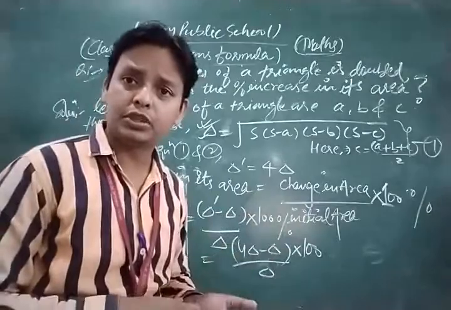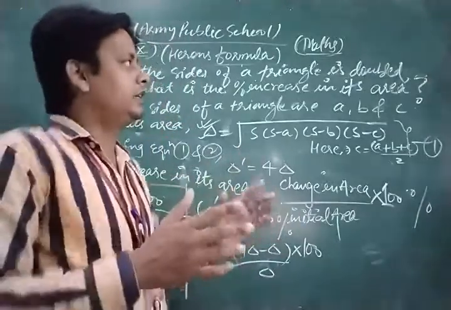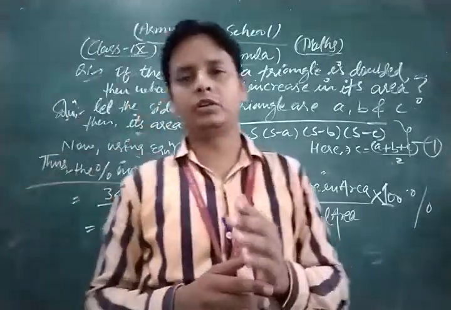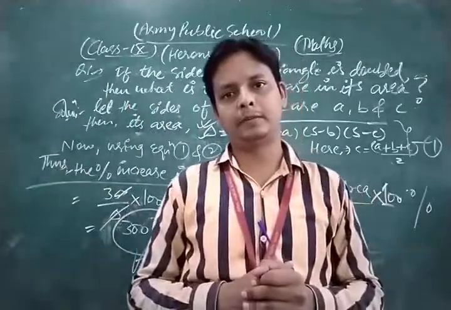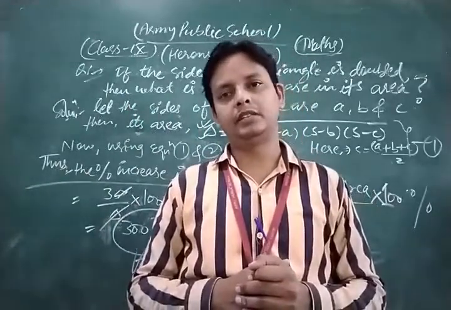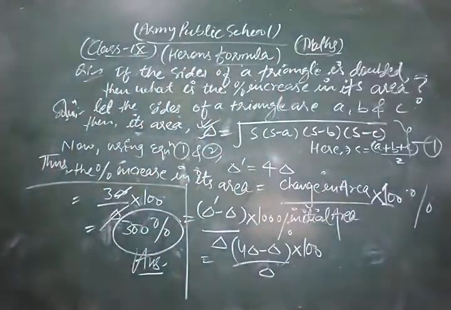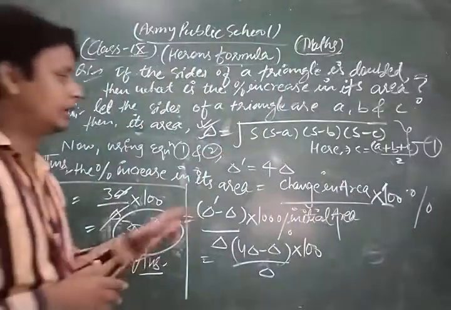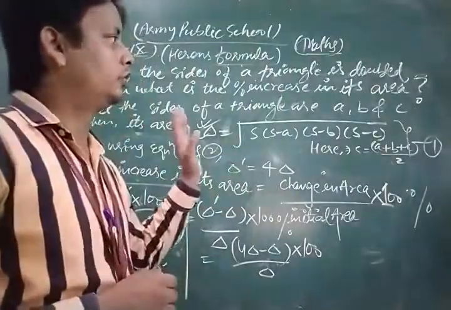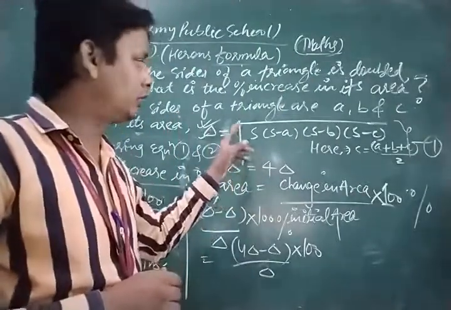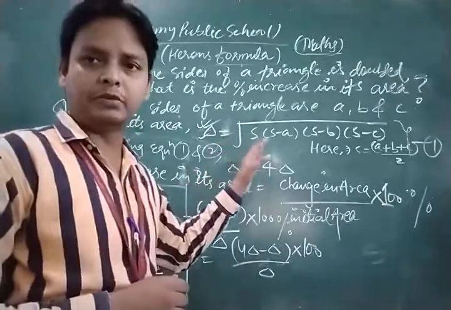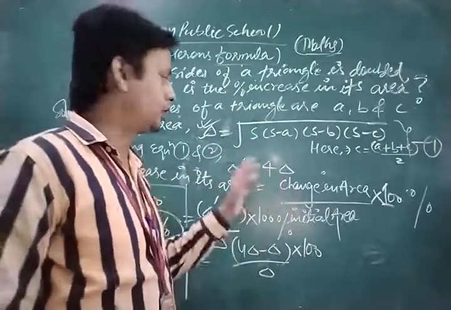So in this question, firstly we take the sides of the triangle as a, b and c. After that we write the formula to find the area of the triangle and put in all the values.